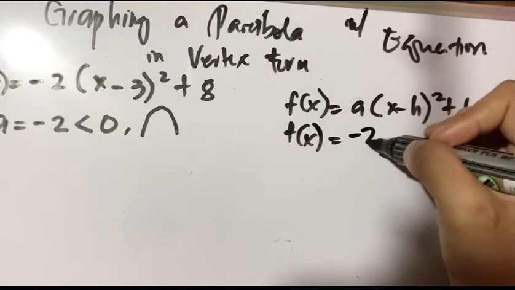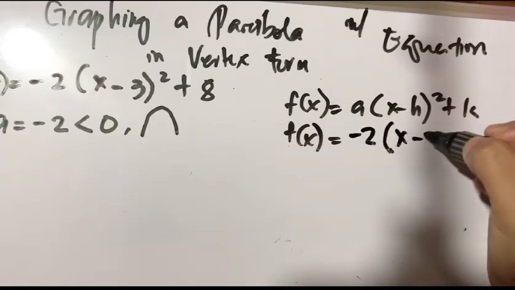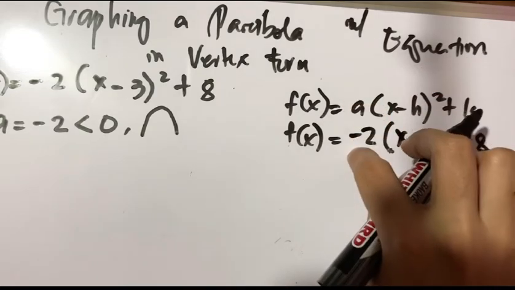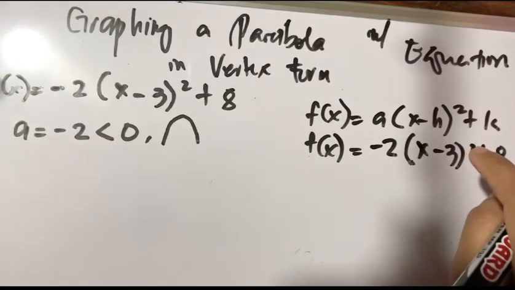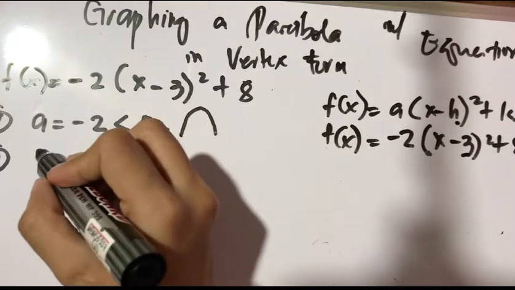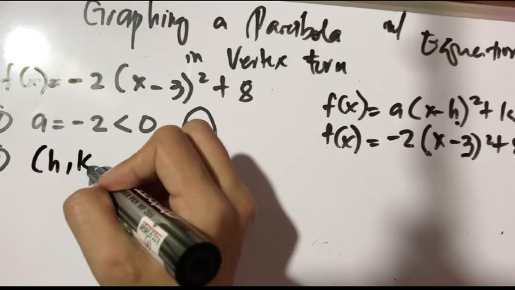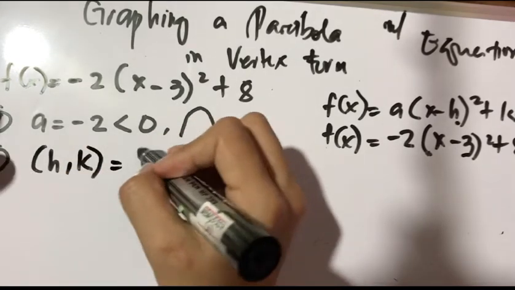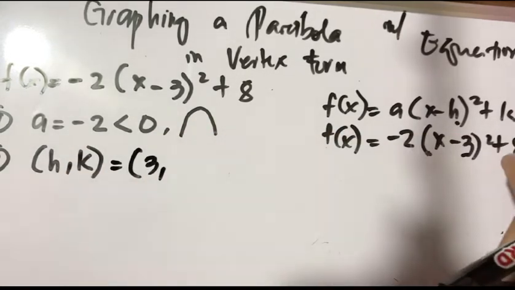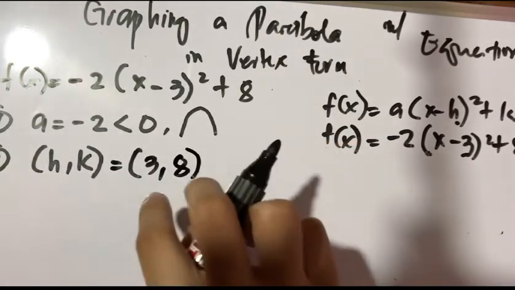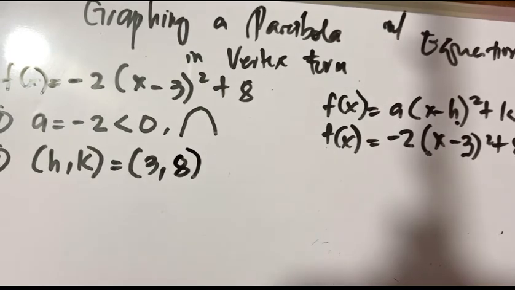So, we get negative 2 times x minus 3 squared plus 8. Obviously, our a here is negative 2, and our h here is 3. The vertex is of the coordinates h and k. So, our h here is 3 and our k here is 8. So, now we have the coordinates 3 and 8, which is the vertex.